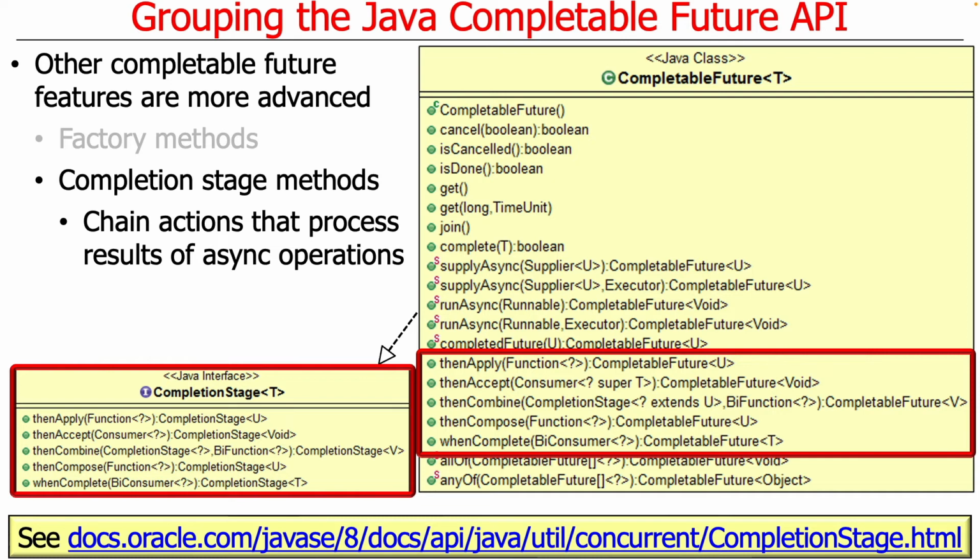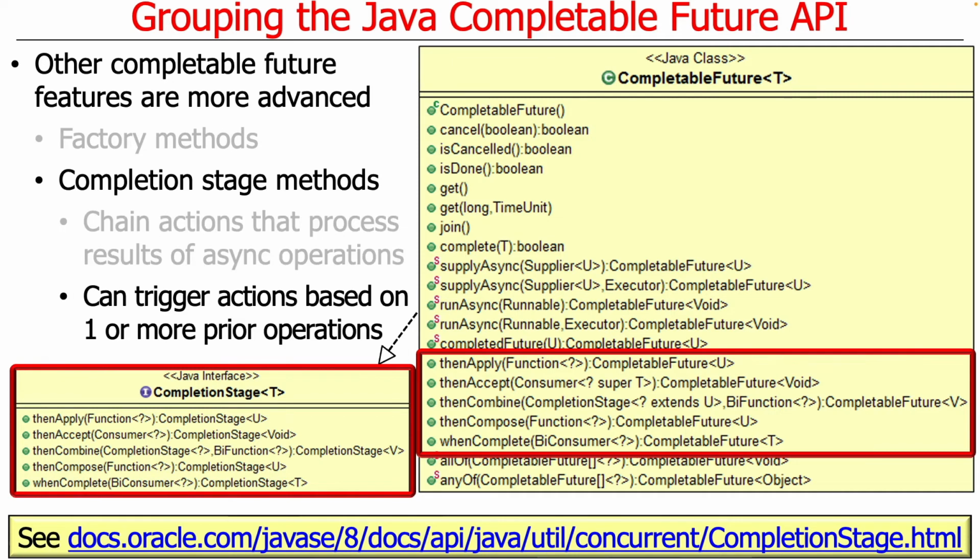So the basic idea is when you start an asynchronous operation, typically by using supply async, that factory method we just talked about, as that computation finishes, then you can chain together a bunch of completion stage methods. And there's a bunch of them. I just put a few of them here. And they can be used to do something with the results that complete from previous stages in the chain.